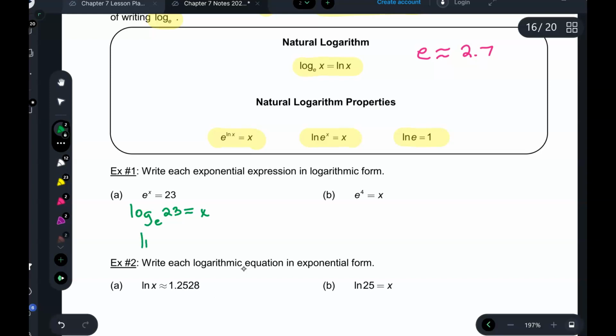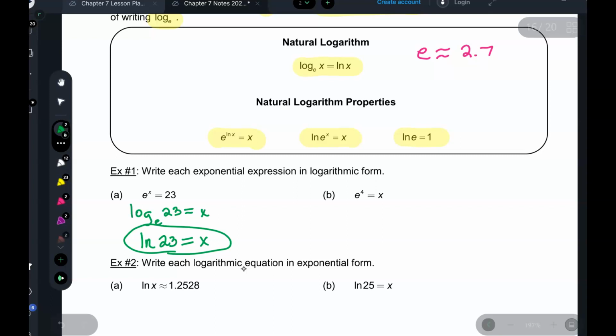I'm going to write that as natural log of 23 equals x. Okay, so I'm just replacing log base e with an ln, natural log. So, okay, do you know how we have things like if I said square root of x, don't we assume that there's really an invisible 2 there? So when we have a natural log, we assume that there's an invisible e here, okay?